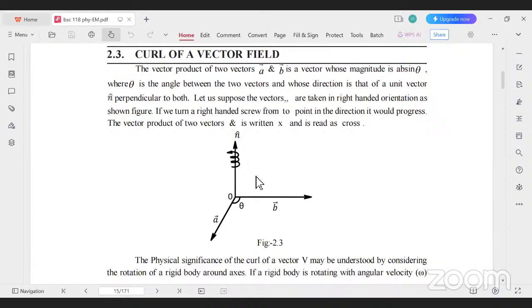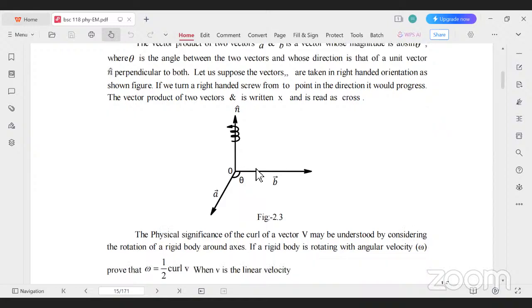We may understand it by considering the rotation of a rigid body. A rigid body means one which does not move from its place; it rotates there only. We need to understand this because the current flowing towards a rigid body does not flow from one place to another place; it should happen there and then.